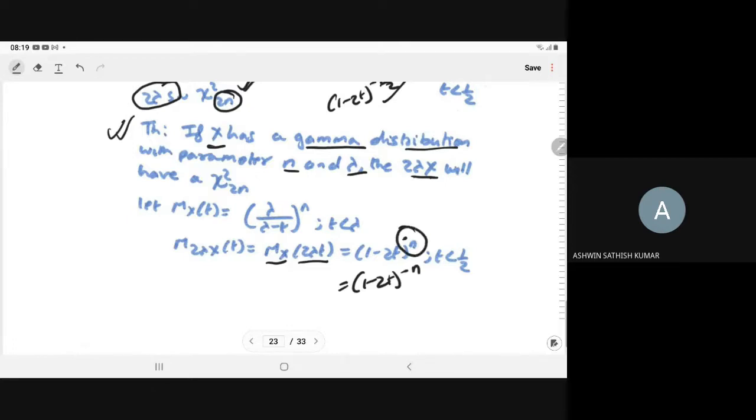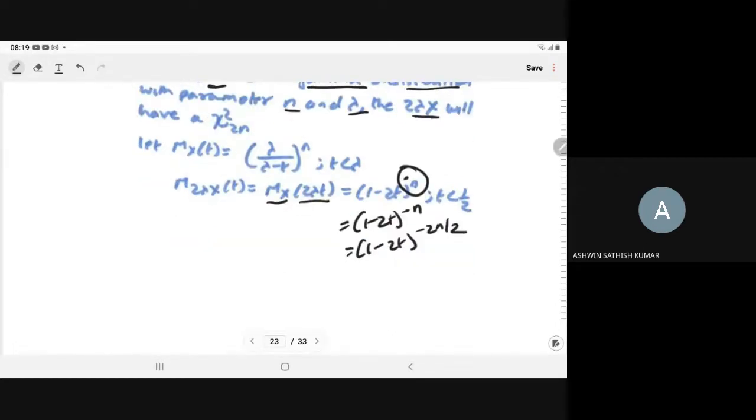This can be written as 1 minus 2t to power minus 2n upon 2. So we say that 2 lambda x follows the chi-square distribution with degree of freedom 2n.